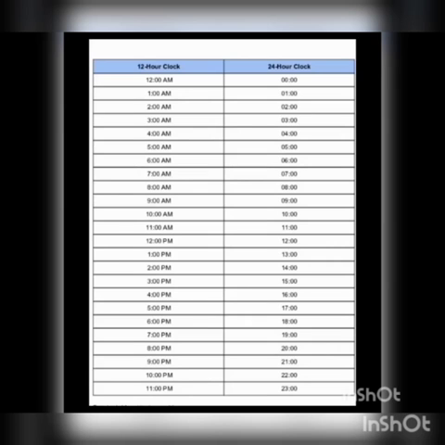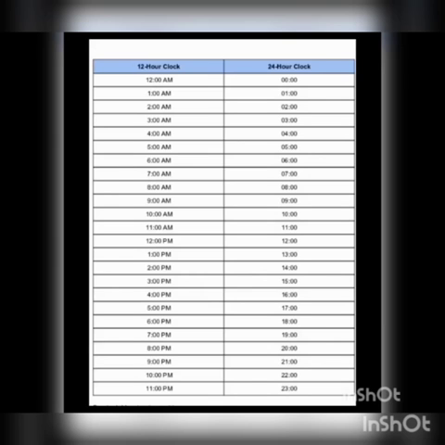Kindly note, in 12-hour clock, AM is used from 12 o'clock midnight to 11 hours 59 minutes in the morning. From 12 o'clock noon, we will use PM till 11:59 in the night. Clear?